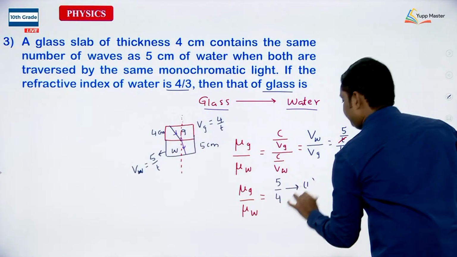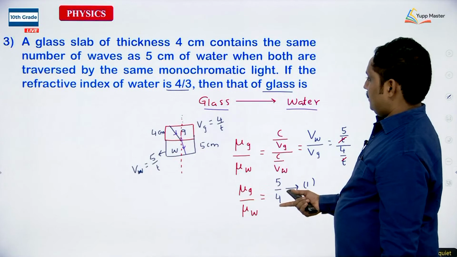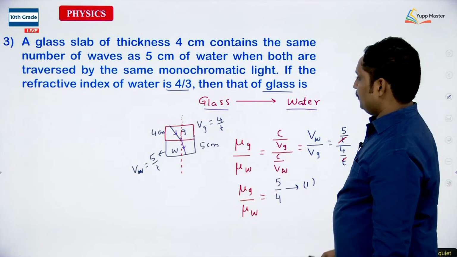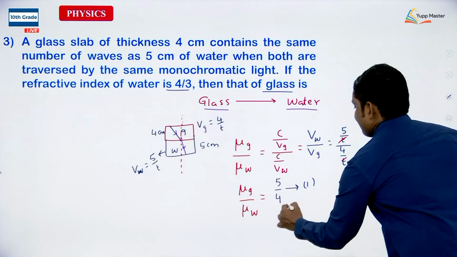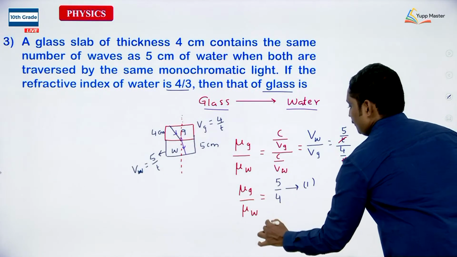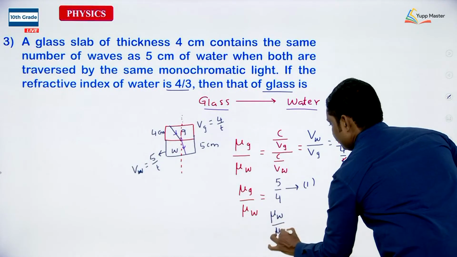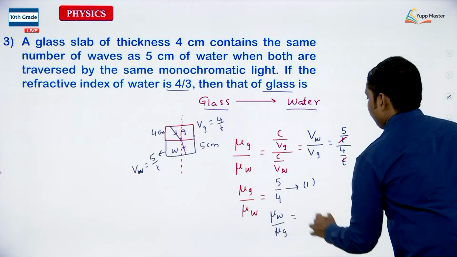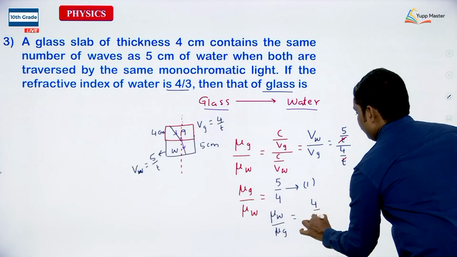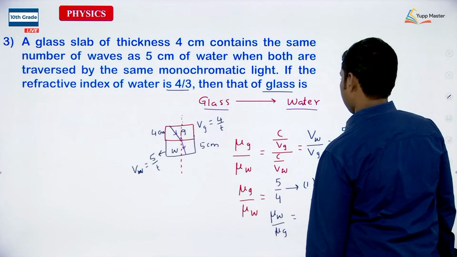This is the first one. Already they have given mu w, so you can change the equation like that. Therefore, mu w by mu g is equal to 4 by 5. It is very clear.